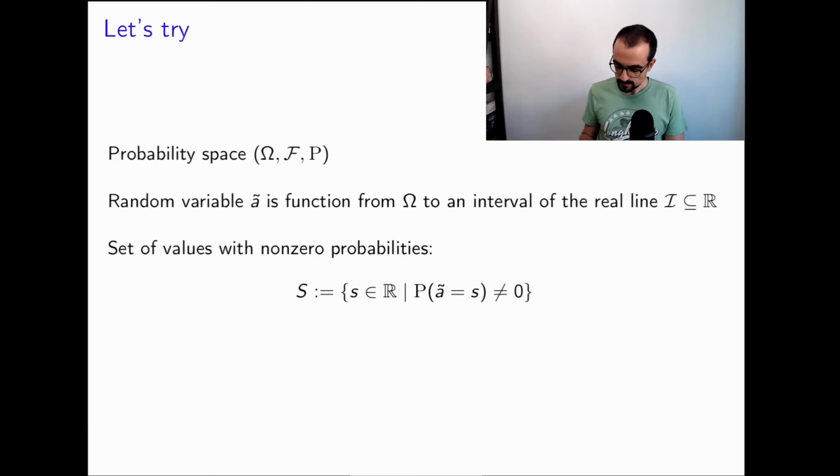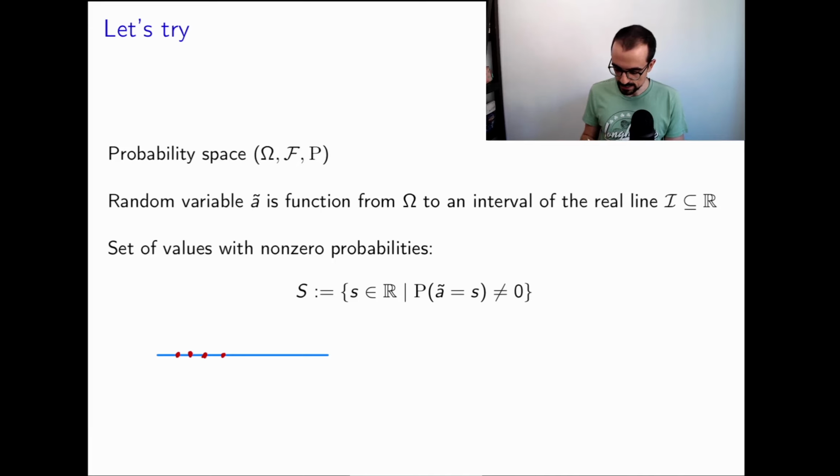So now, we have this interval, and let's say that we assign non-zero probability to many points within the interval. In fact, we're going to try to assign non-zero probability to all of the points of the interval. And now let's see what happens.